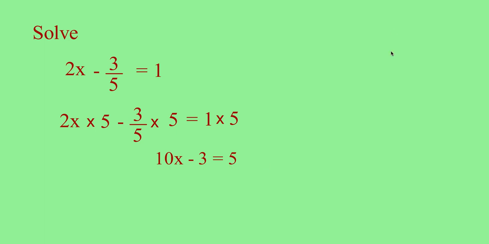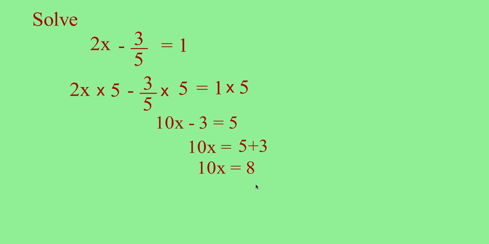This now becomes as in the last case. Now you have to transpose minus 3 to the other side. When transposing minus 3, the other side will be 10x is equal to 5 plus 3.